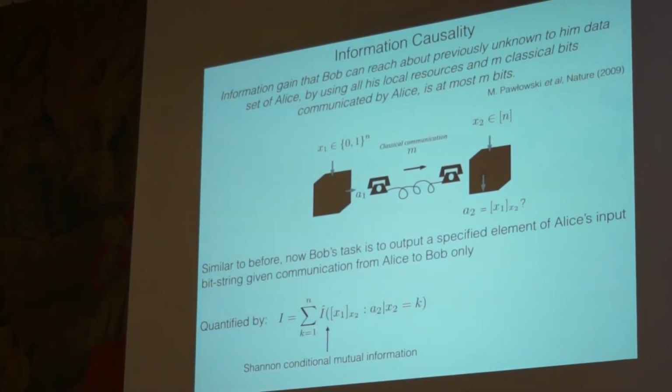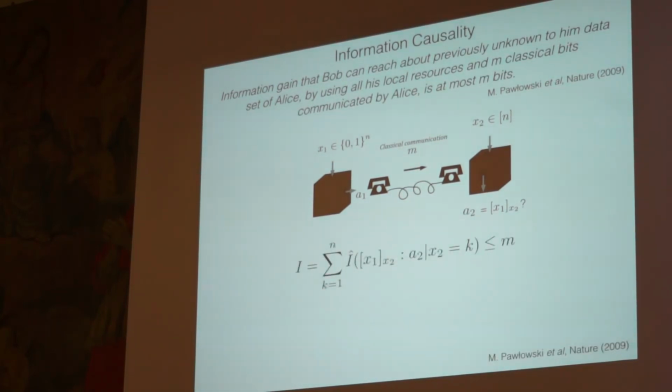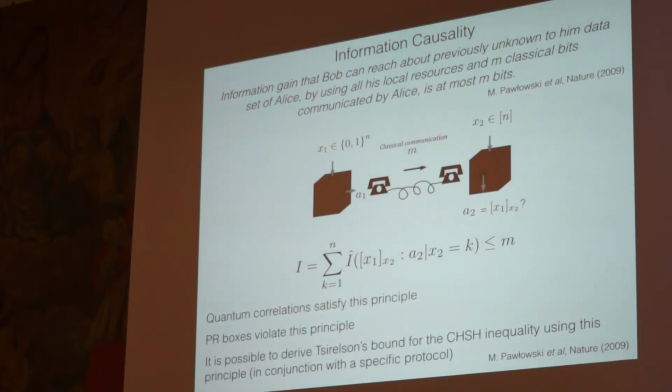Great. So information causality then bounds this number by m. Great, and starting from this constraint, you can show that quantum correlations satisfy this principle. So this is always satisfied for quantum systems.